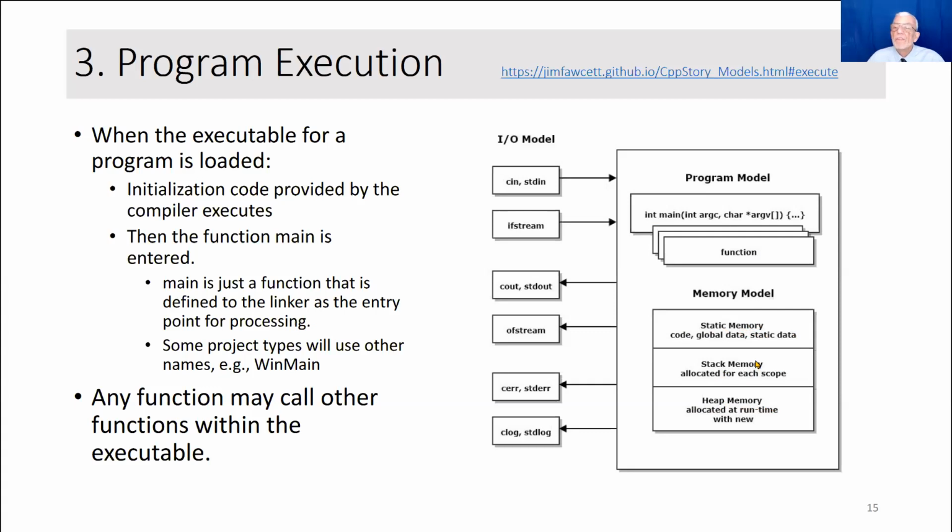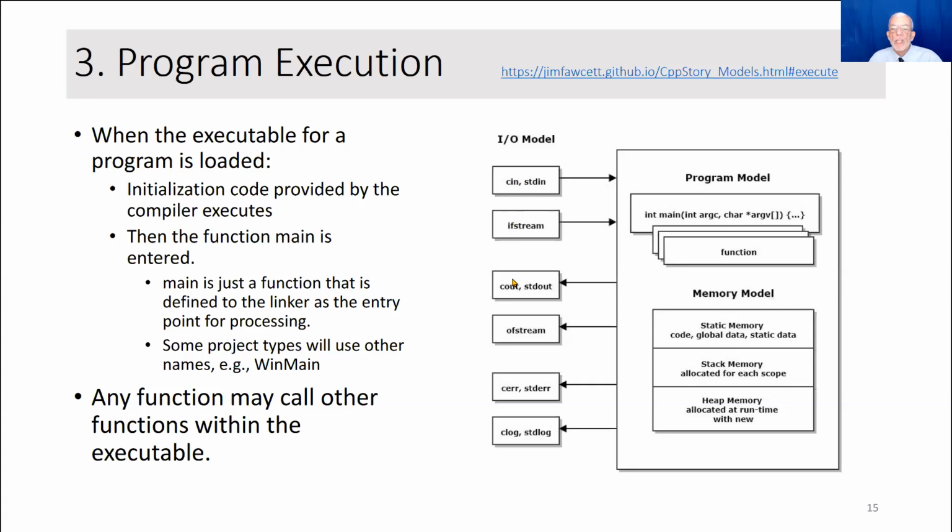Stack memory has a lifetime of the thread entering a scope until it leaves the scope. Scope may be a function, but it might be a lower level scope, like an if block, for example. Same thing happens there. And the lifetime of objects in heap memory starts with a call to new and ends with a call to delete.